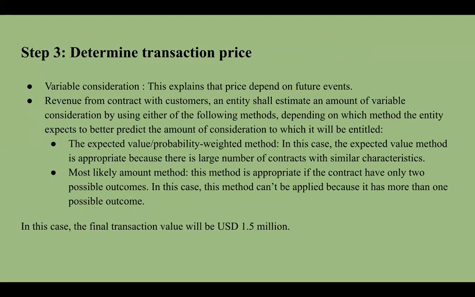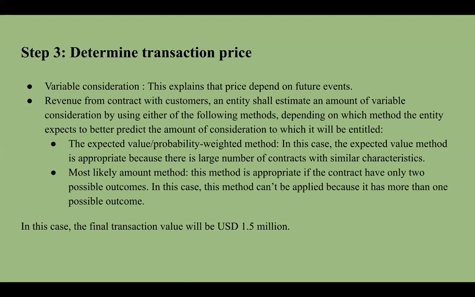According to ASC 606-10-32-6, to determine the transaction price, the entity should consider the following as variable consideration. This explains the price dependent on future events. This is like discounts, variable credits, performance bonuses, or penalties. This transaction has variable consideration elements.